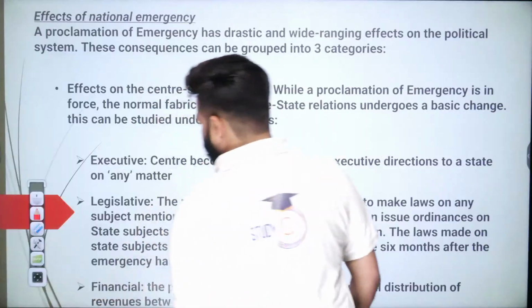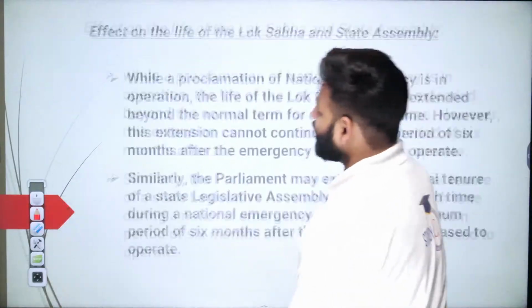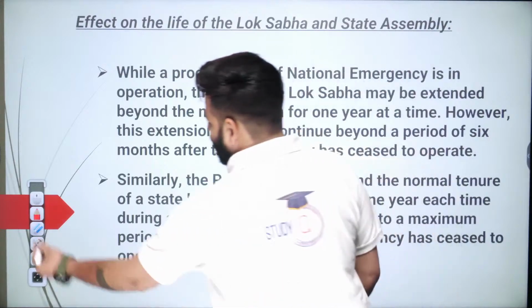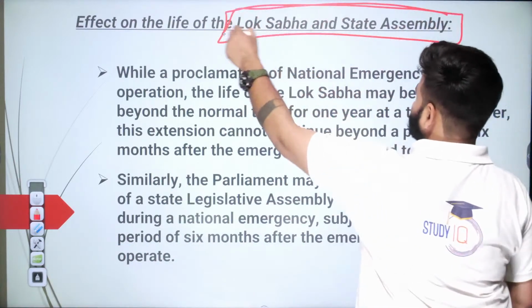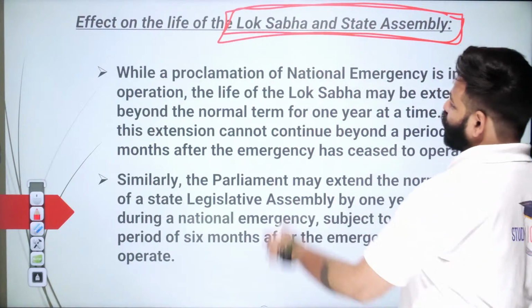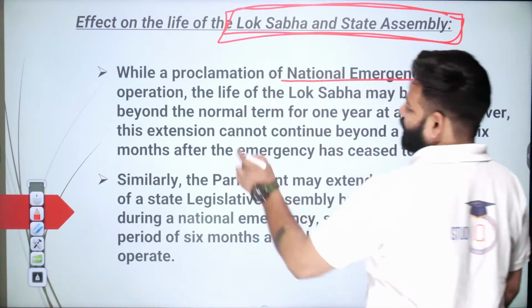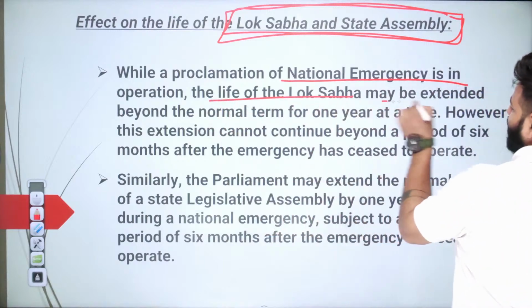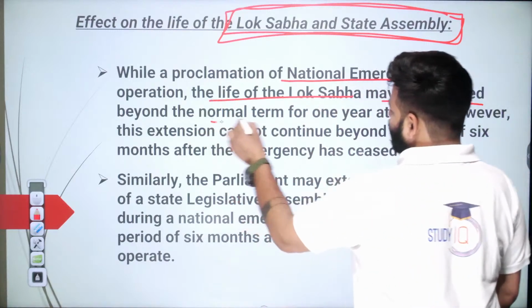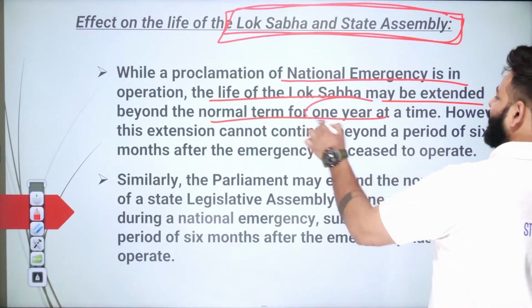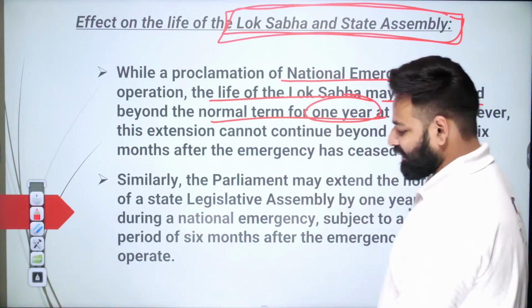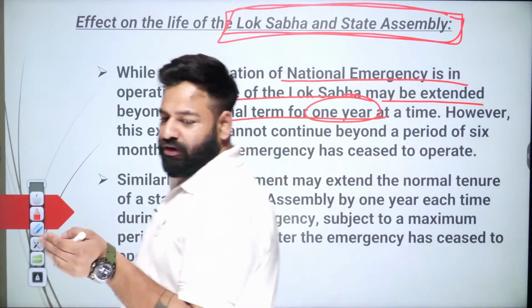Second, the effect on the life of Lok Sabha and the state legislative assembly. While the proclamation of national emergency is in operation, the life of Lok Sabha may be extended beyond the normal term of 5 years, by a maximum of 1 year at a time. Let's say Lok Sabha has completed its tenure of 5 years.